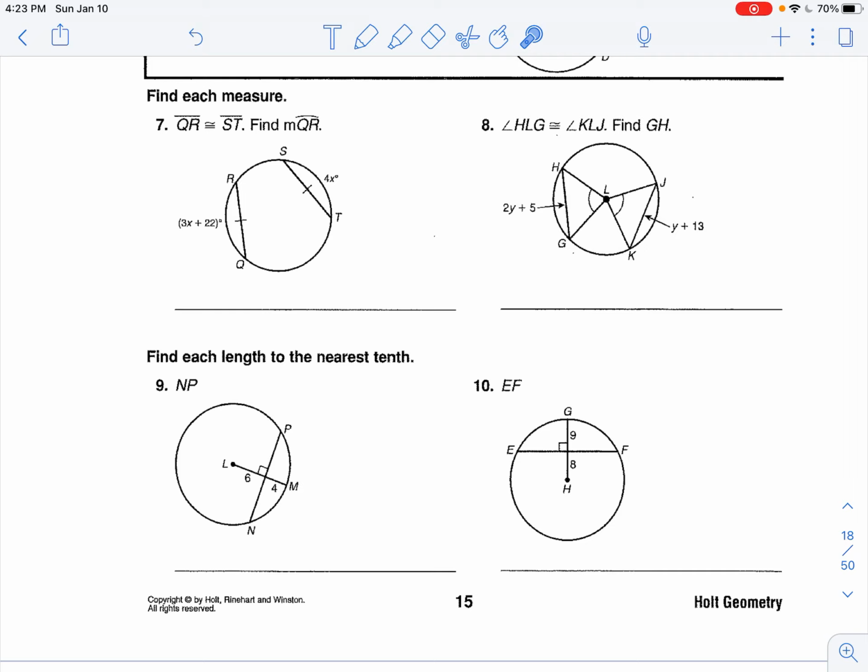In problem number 7, it says that QR is congruent to ST. So let's mark that. QR is congruent to ST. Find the measure of arc QR. Well, if these are congruent, we can set them equal and solve for x. If I subtract 3x on both sides, I'm going to find that x is equal to 22.